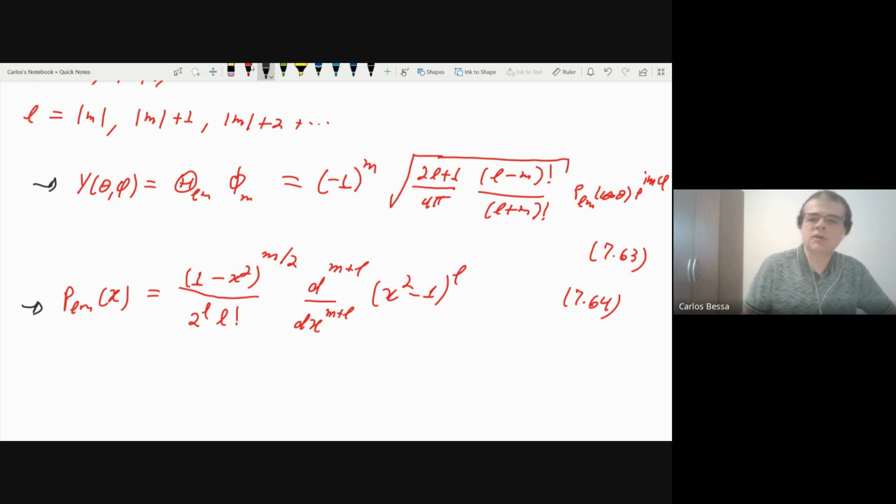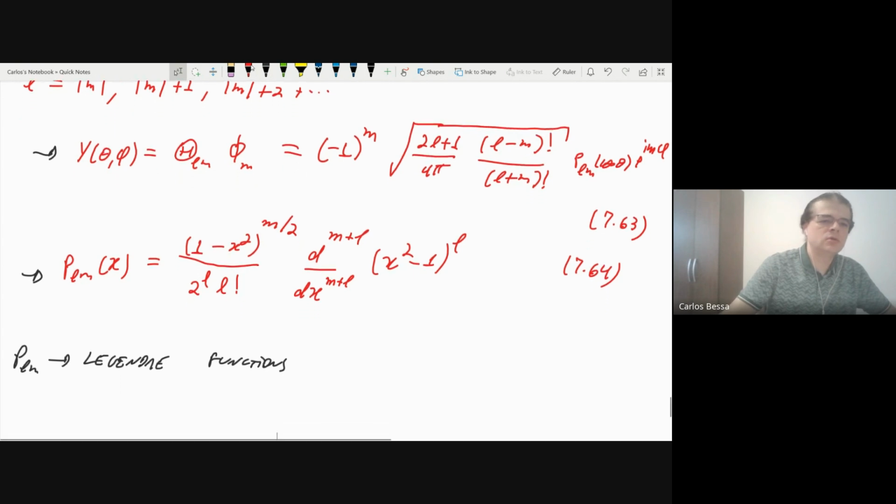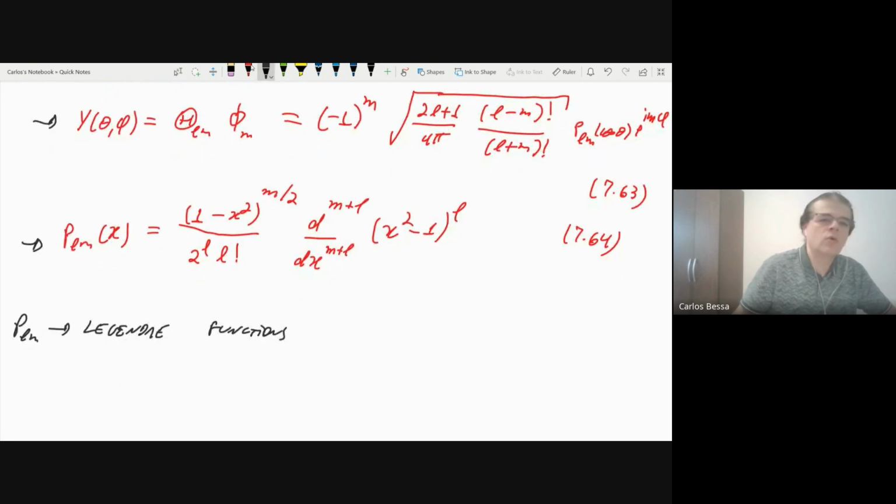So this type of function here is what is called Legendre functions, and this other Y L M, these guys here, are called spherical harmonics.